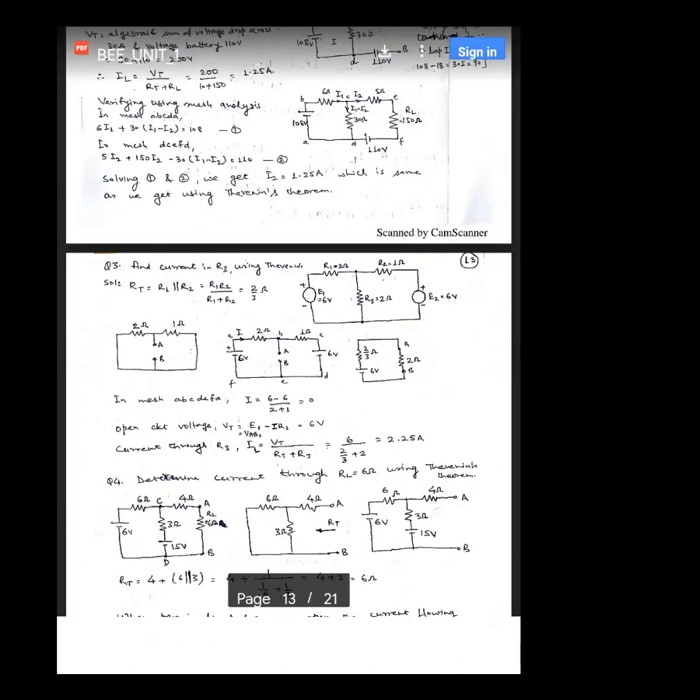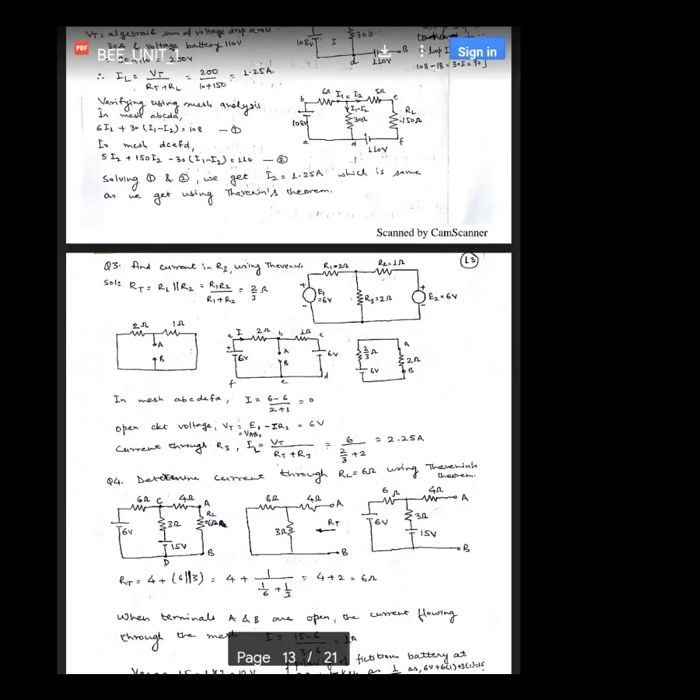Now this is the 6-volt battery, this is the 6-volt battery, and this is the closed path. The polarities of the batteries are such that they add up or subtract each other.